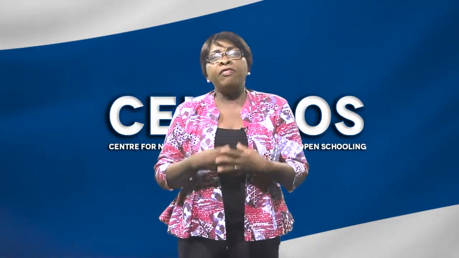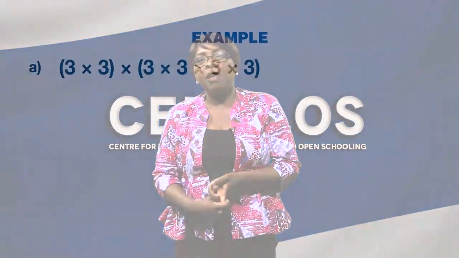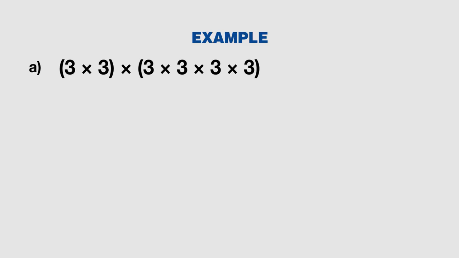Anytime you have to multiply a long row of repeated factors, like the ones we are going to see, we can write them in index form, and then we can add their exponents. So let's look at these. The first example says 3 times 3 in one bracket times 3 times 3 times 3 times 3 in a second bracket.